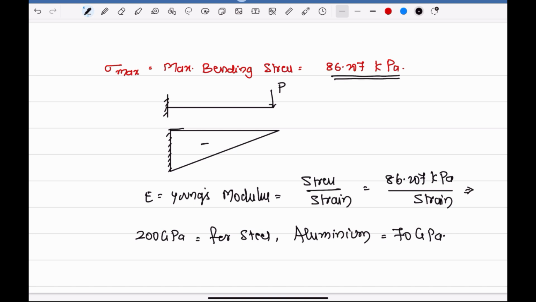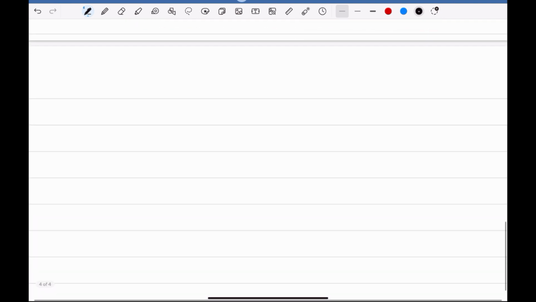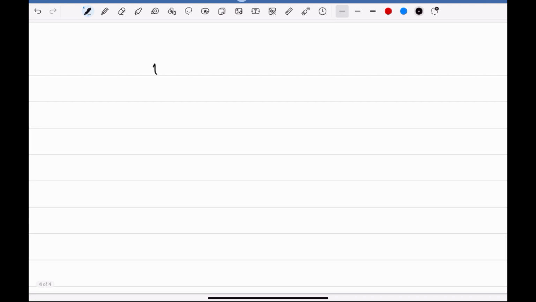For steel it is around 200 GPa, for aluminium it is around 70 GPa. Usually these are the metals being used. Here steel is being used.